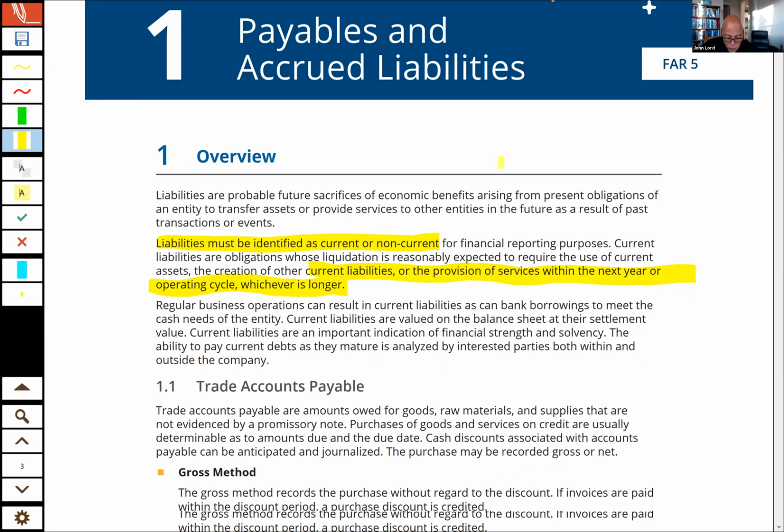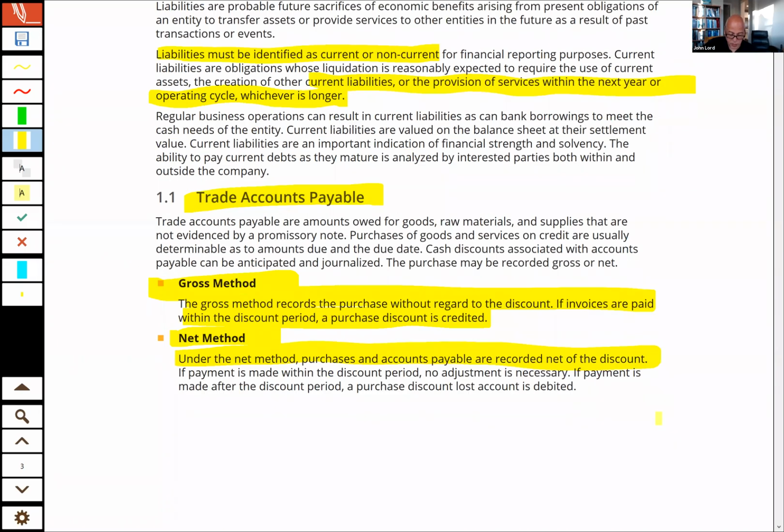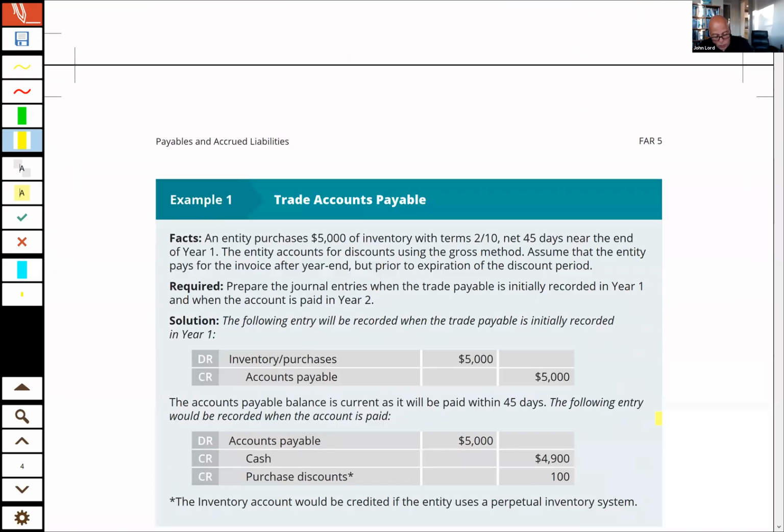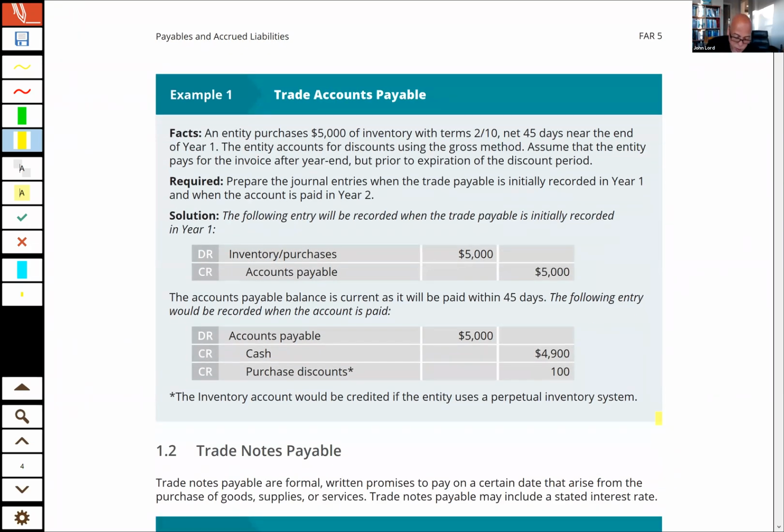Okay. Now, when we look at our accounts receivable and our accounts payable, we could set those up using the gross method, which means we record them not assuming that we're going to take any kind of discount, or the net method, where I will record things net of any anticipated discounts. Now they show you what happens if you set something up under the gross method, where you set up the entire liability.